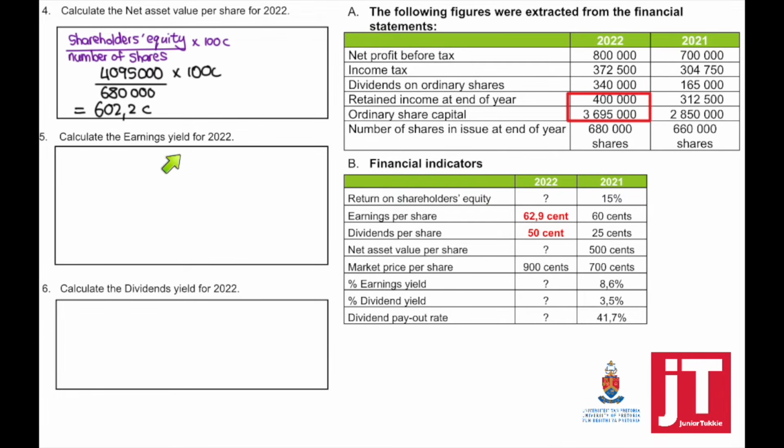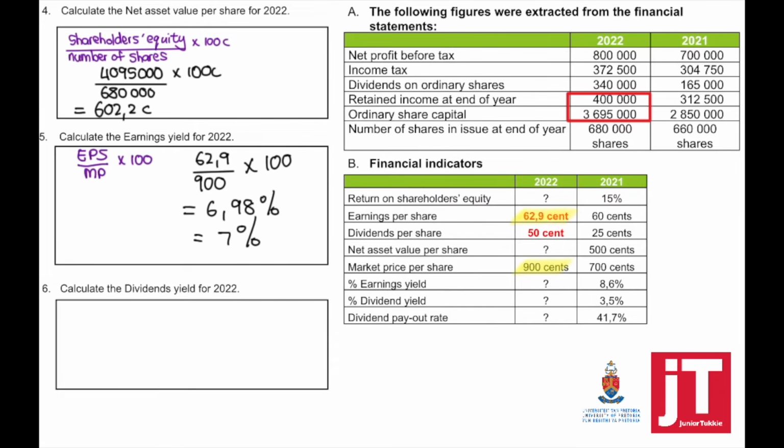To calculate the earnings yield for 2022, it's my earnings per share divided by the market price. We have calculated our earnings per share for 2022, divided by the market price times 100, and your answer should be in percentage.